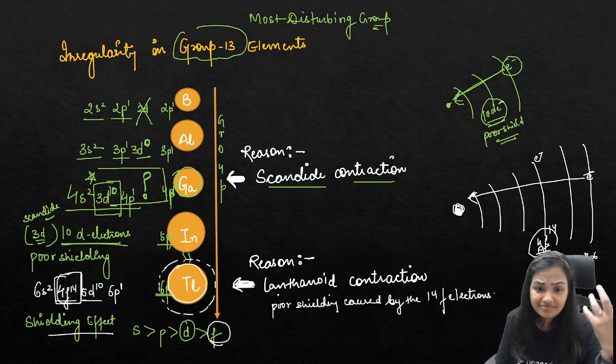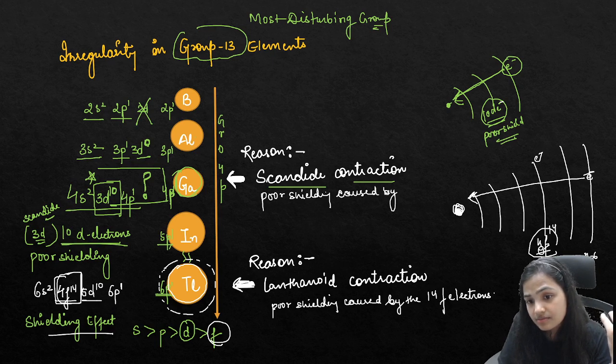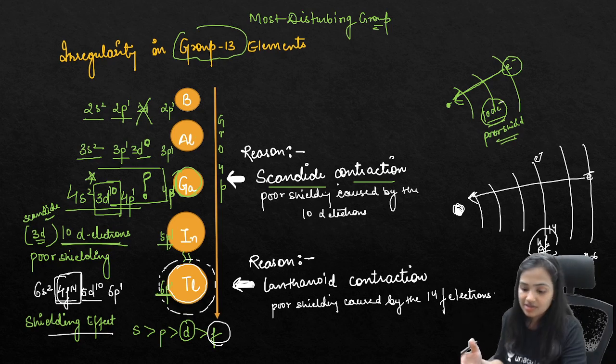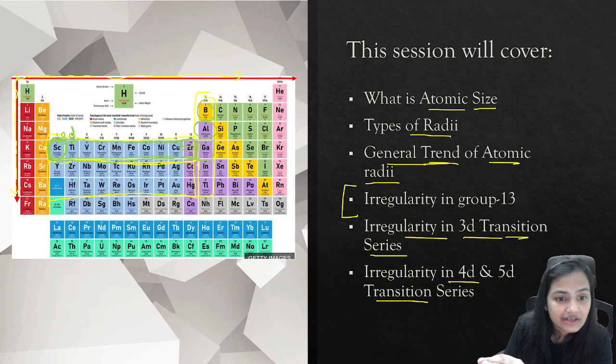And here we can say that the poor shielding caused by the 10 d electrons is known as the Scandide contraction. I hope you got my point. If you look again at the periodic table, you will find it very easily.